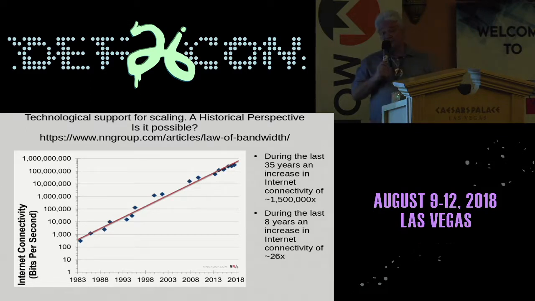Even more interestingly, in the last 8 years alone, we see an increase in connectivity of approximately 26 times. And we don't think about this, suddenly we get an upgrade on our internet service. It is actually more pronounced if we look at developing countries, where they may actually just jump 2 or 3 technologies when they put in fiber, and they don't even bother with things such as copper.